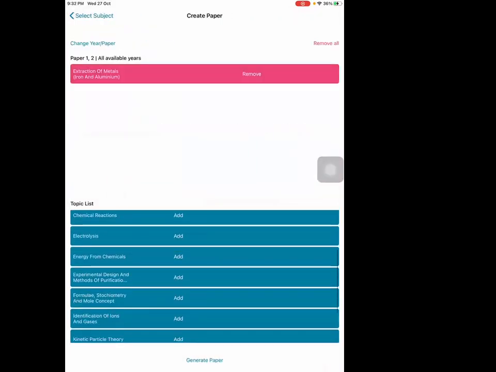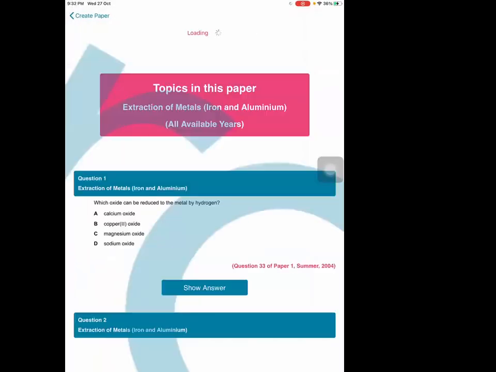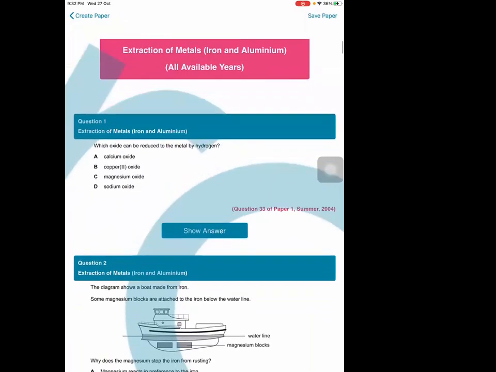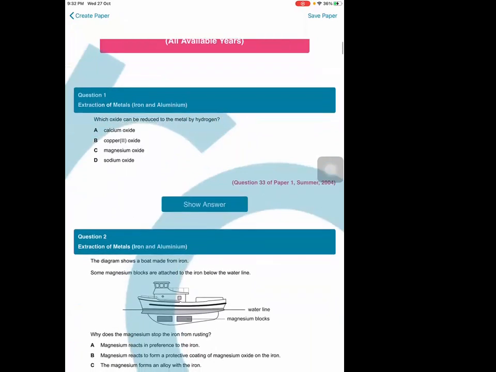Extraction of metal. Let's check. Which oxide can be reduced to metal by hydrogen? That's the first question that I told you just now. Yes, Hamza, can you please answer this? Sir, copper(II) oxide. Copper(II) oxide, very good.